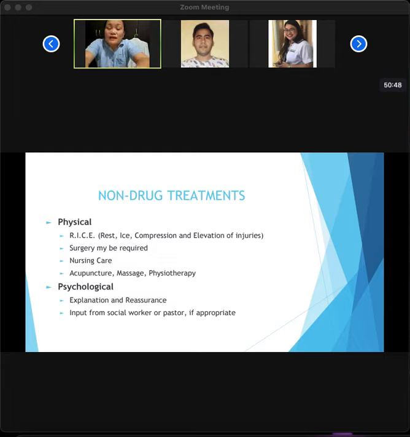Operate the patient. And if the patient needs nursing care, then you can give nursing care. You can also do physical treatment through acupuncture, massage, or physiotherapy.